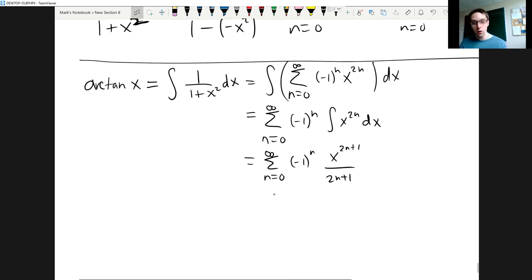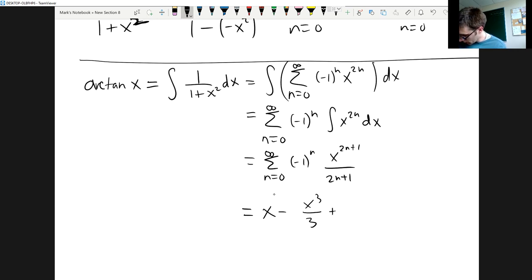And there we go. We've got a power series for the arctangent function, and we can even write down the first few terms just to get a sense of what that does. When n equals 0, we have negative 1 to the 0, x to the 0 plus 1 over 0 plus 1, so that's just going to be x, minus the next term. We plug in 1, we'll have negative 1 to the 1, there's the minus sign, times x to the 2 plus 1, so x cubed, all over 2 plus 1.